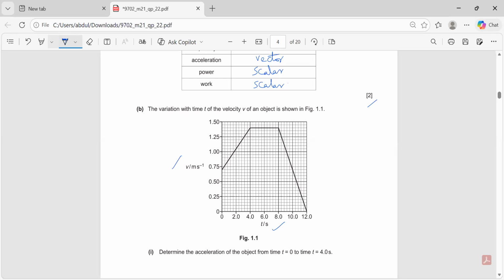It means, see here it is 4 seconds. So we need to calculate acceleration here. And see, this is a straight line, so acceleration is constant. So either you can use a is equal to v minus u over t, or simply you can calculate the gradient of this graph and you will get the answer.